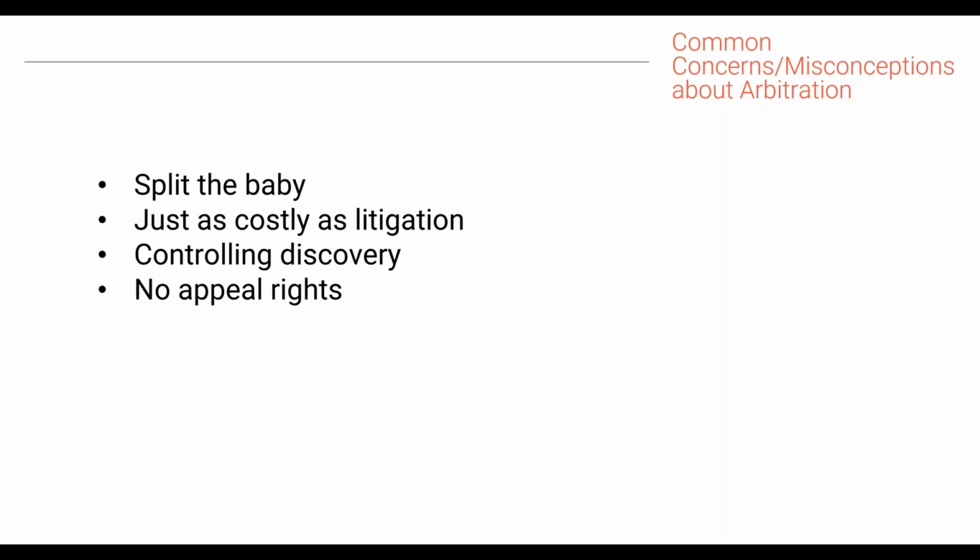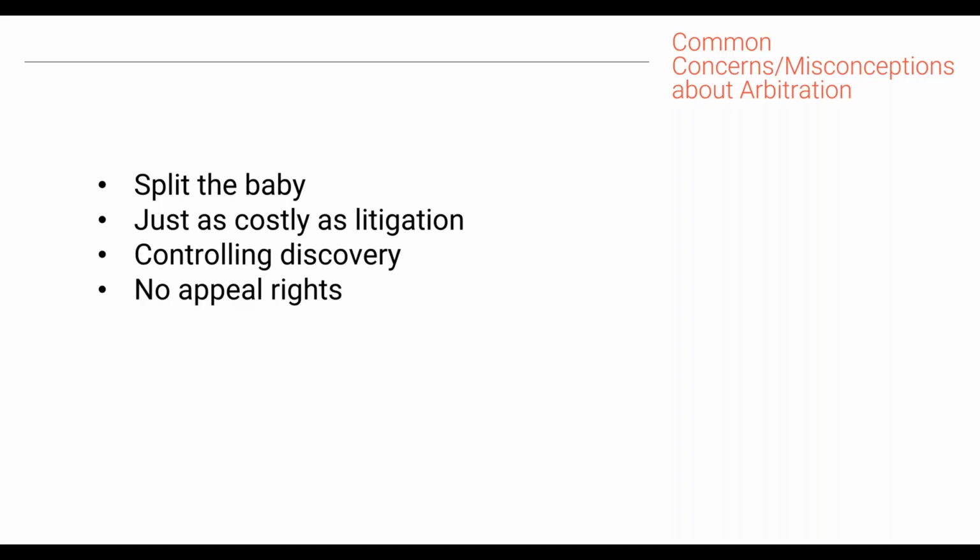Yeah. So over time, we heard several concerns. I'm sure Mike heard similar concerns, and I know he's going to address them. One of the concerns that people often have about arbitration is they say, well, the arbitrators don't really decide for one party or another. They try to split the baby. Arbitration was originally considered to be a much less expensive dispute resolution procedure, but over time, it's become more complex, and so the parties often argue, well, it's just as costly now as litigation.